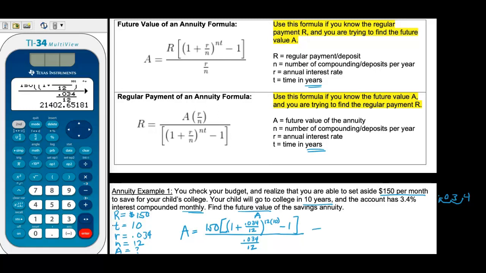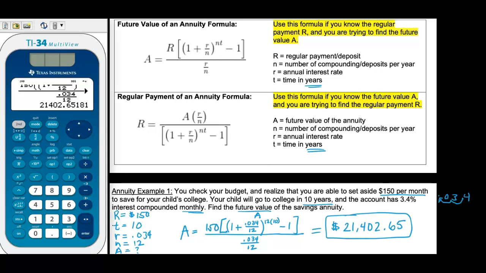And so I get a value of $21,402, and we always round to cents, so 65 cents. That would represent the amount of money that I would have saved in the end if I put $150 a month for 10 years.